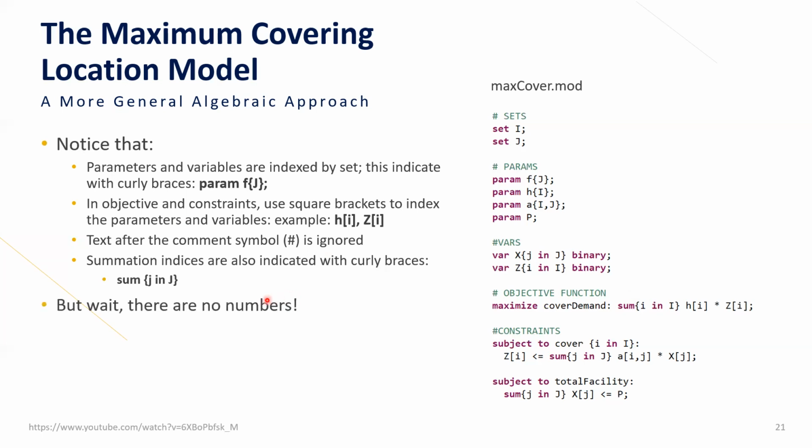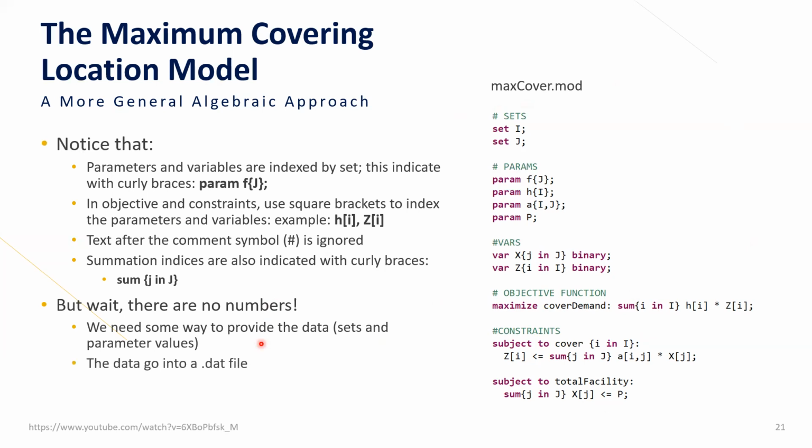And you see, there is no number here. This will contain only the model. All the data will be provided separately, and then we need to create the .dat file. This separation of model and data is one of the best practices, and it's core to the AMPL philosophy.